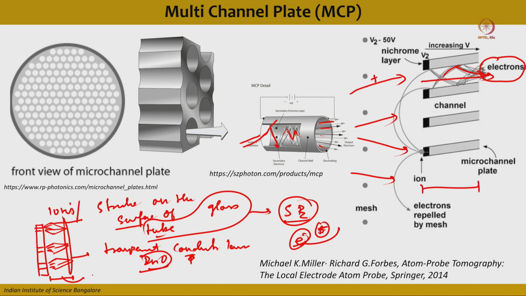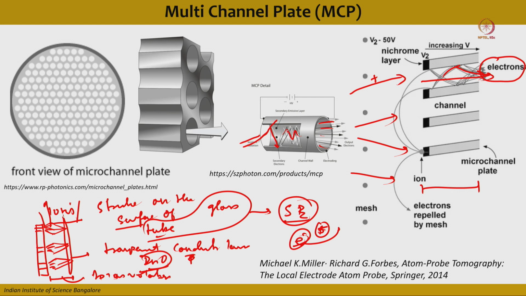The main function of this bias voltage is to reduce the lateral spread of the electrons coming out of the back side of the MCP plate.